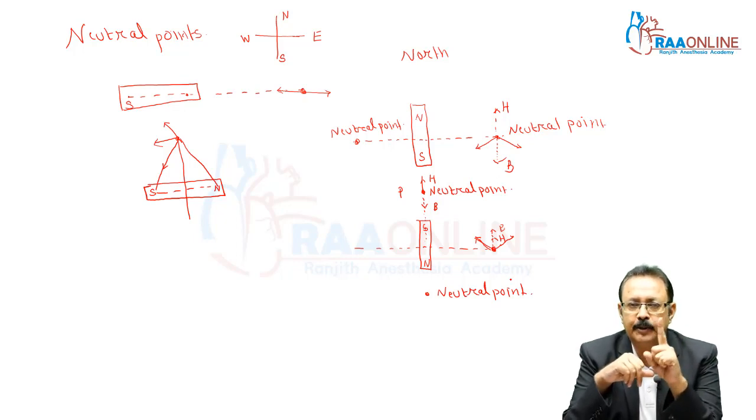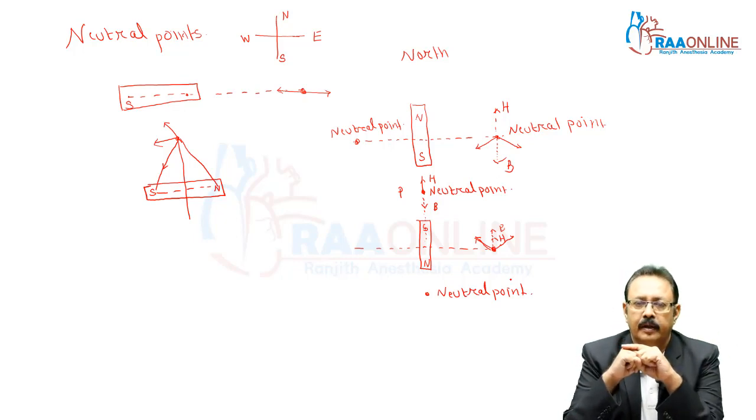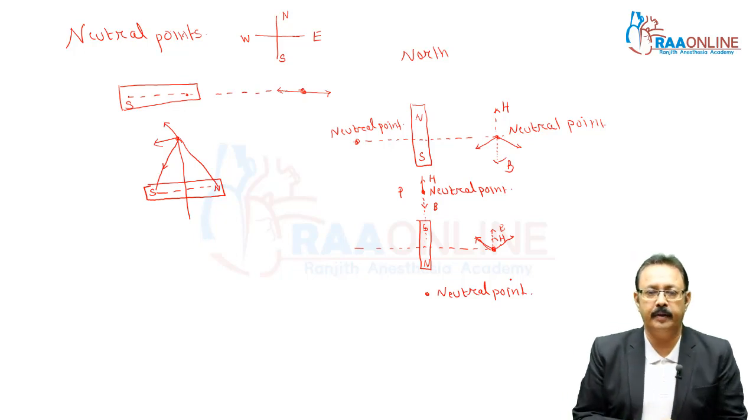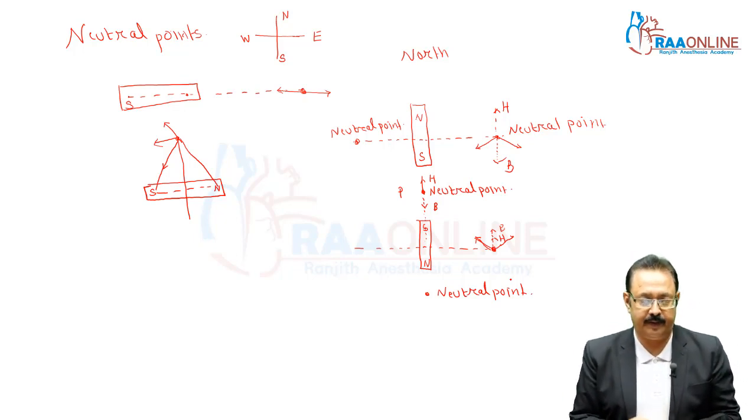If the north pole is pointing north, you will get a neutral point in the Gauss B position, the broadside on position. But if you keep the south pole pointing north, you will get neutral points on the axis of the magnet, in the Gauss A position, the end on position. So remember, it was an important concept.